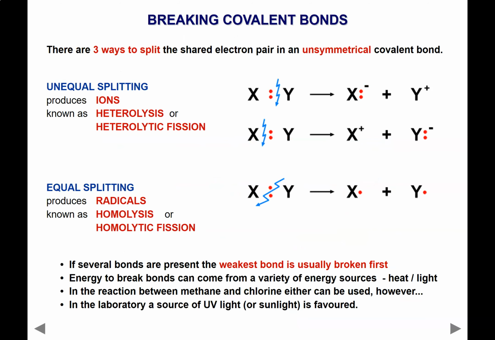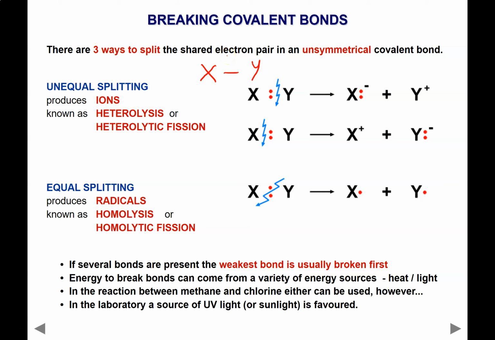To form those radicals, there are three ways to split a covalent bond, and only one of these actually forms radicals. If you split a covalent bond using unequal splitting, you produce ions. So if you had a bond between X and Y, in there you have two electrons.